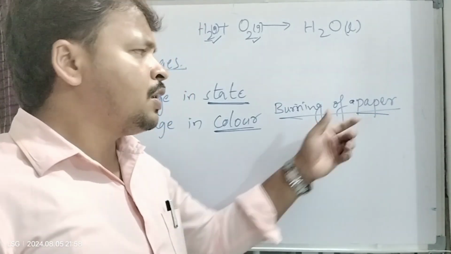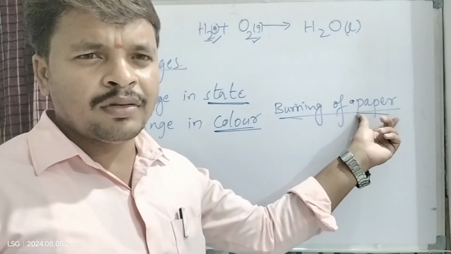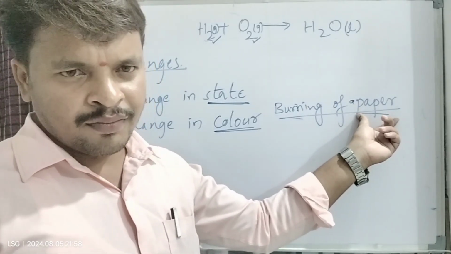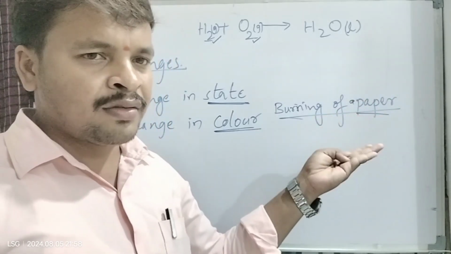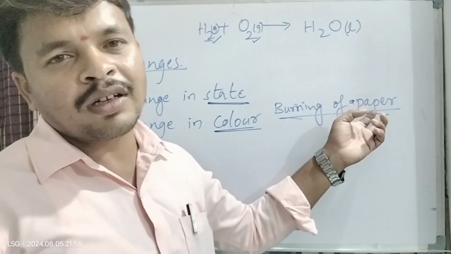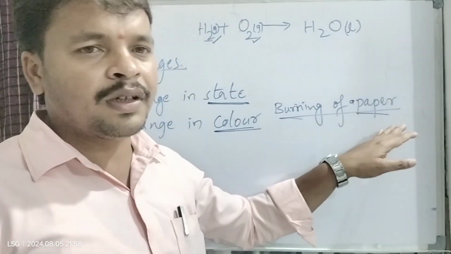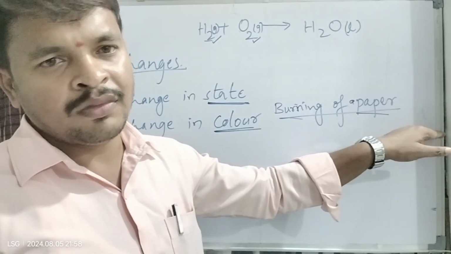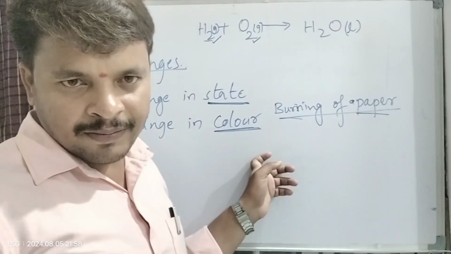Before burning, the color of the paper was white or whatever we have taken. After burning, we are getting ash, which is not similar to the color of the paper. The color of the paper was different compared to the end product. So here change in color has taken place.